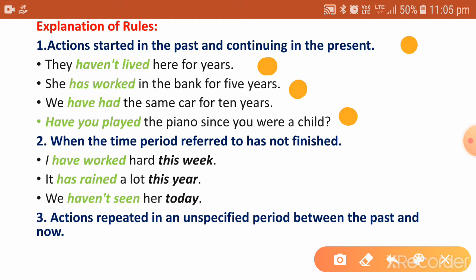It means here is a question, and in this sentence a question has been asked by the speaker, anyone you can say, and he or she is asking, have you played the piano? It means here is a question. Last, you were a child.